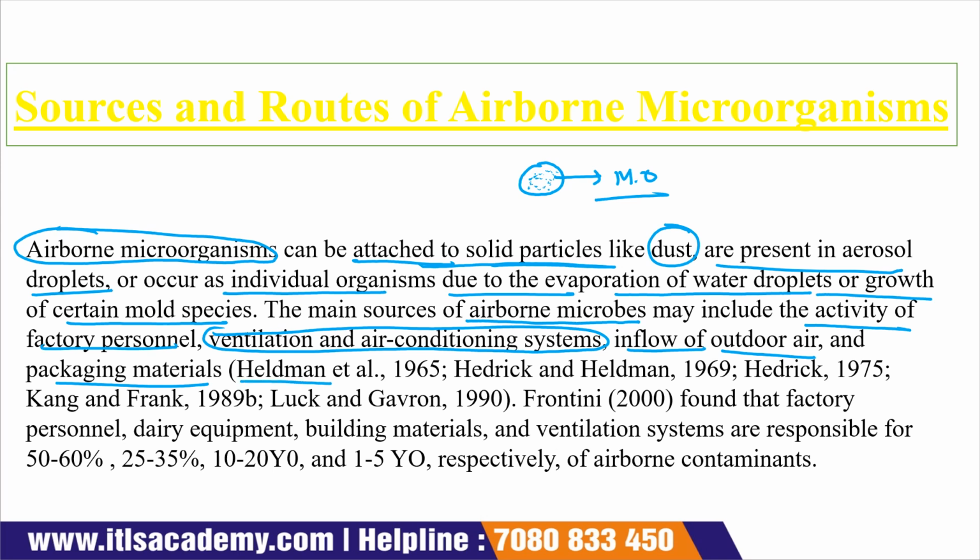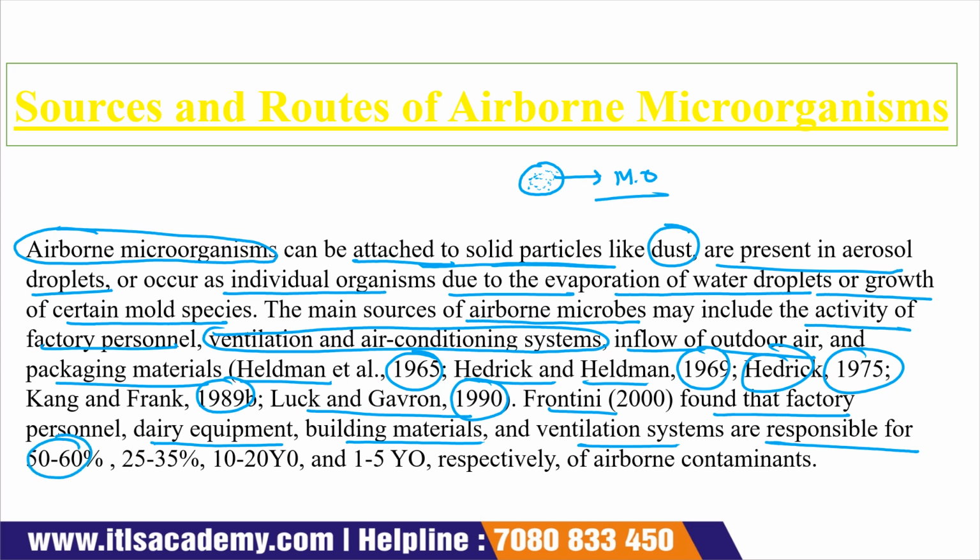It is said by Heldman et al. 1965, Hedrick and Heldman 1969, Hedrick 1975, Kang and Frank 1989b, Luck and Gravon 1990, Frontini 2000s, who found that factory personnel, daily equipment, building material, and ventilation system are responsible for 50 to 60%, 25 to 35%, 10 to 20%, and 1 to 5% respectively of the airborne contaminants.